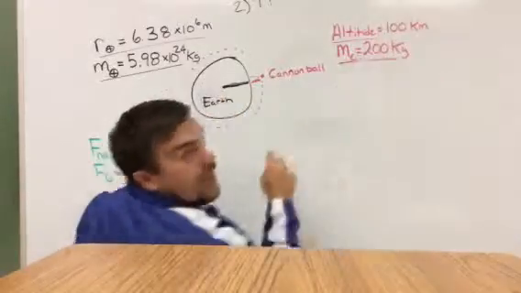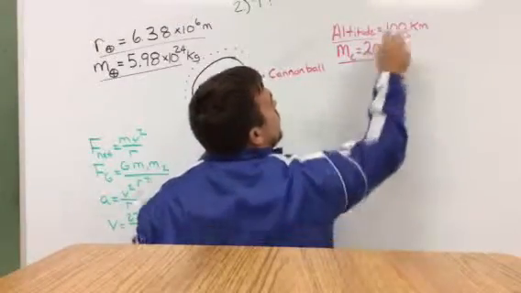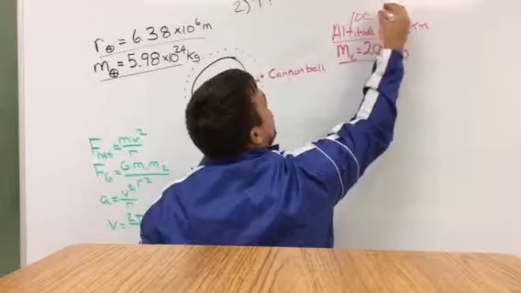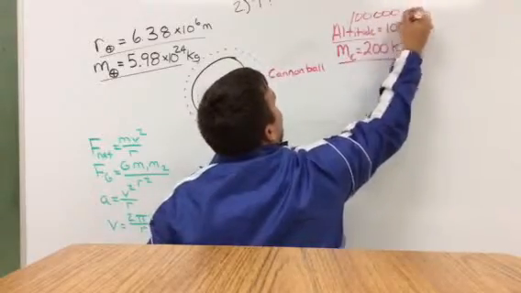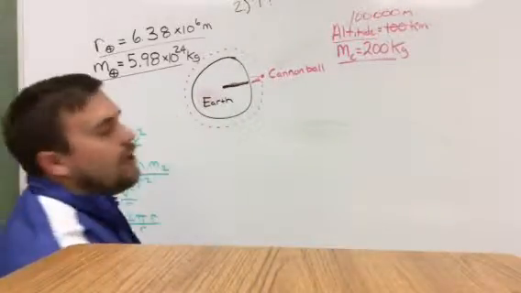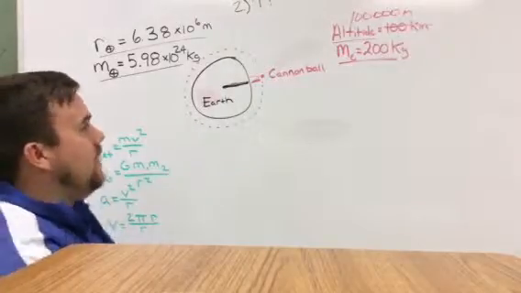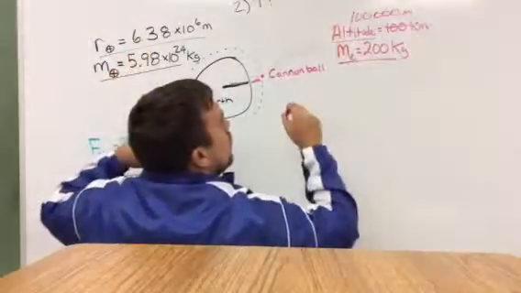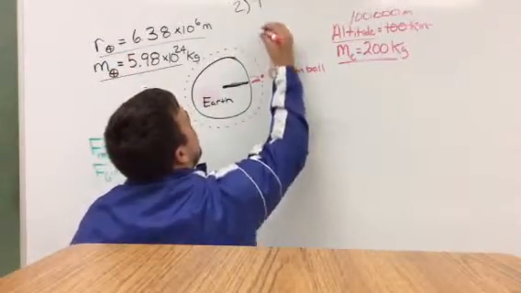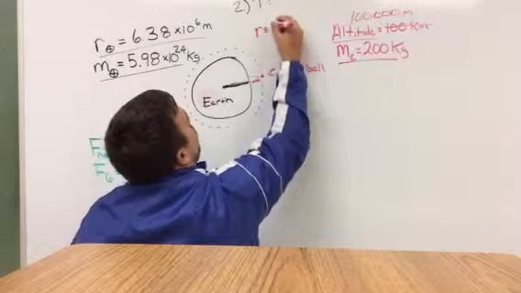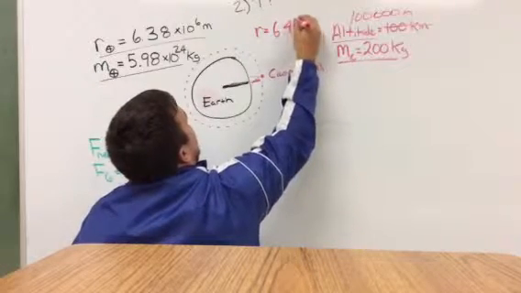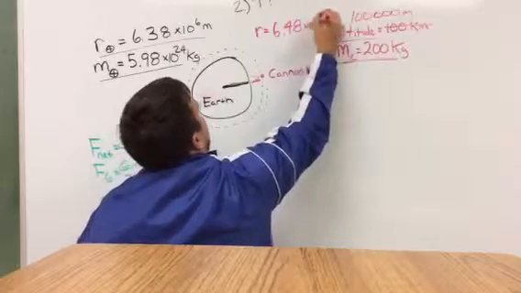Oh wait, that one's in kilometers, so I better change it to meters. I change that to meters by moving the decimal 3 spots to the right. I've got 100,000 meters. If I add these two together, you're going to get an orbital radius of 6.48 times 10 to the 6 meters.